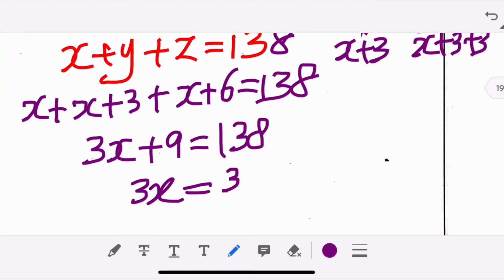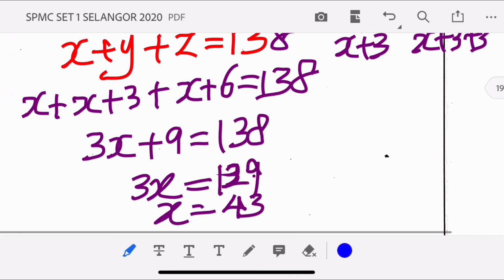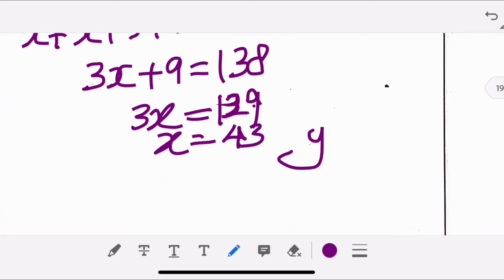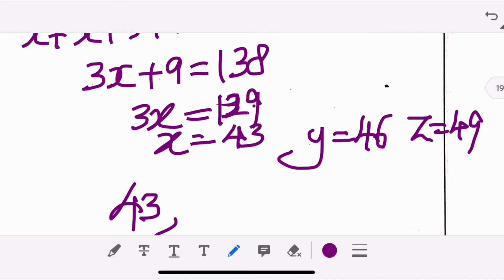We have 138 minus 9, so we have 129. So that means x is 43. So y is 46 and z will be 49. So the three consecutive terms are 43, 46 and 49.